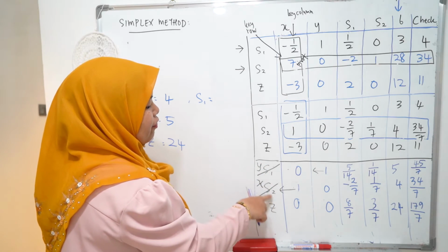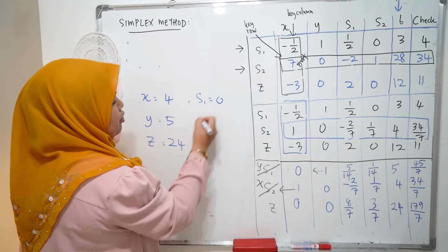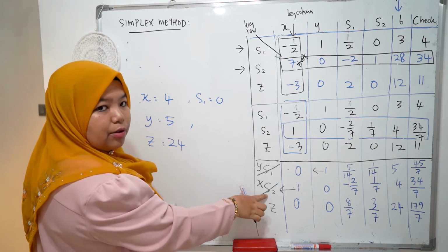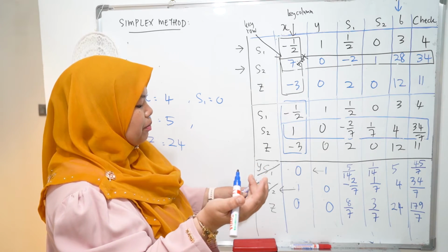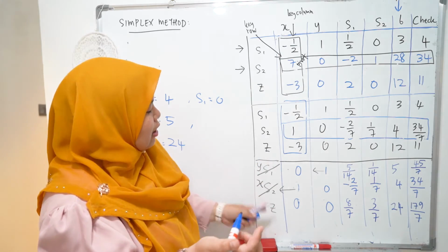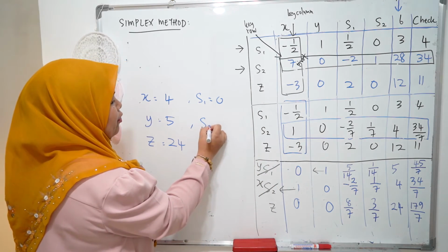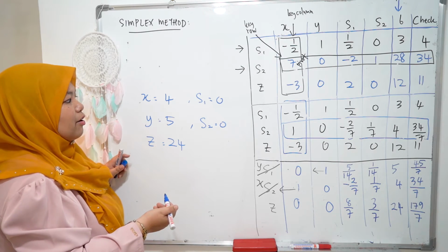So if they have no s1 in this column, s1 equals 0. How about s2? s2 I also replaced with x. So they have no s2 in this column, so s2 equals 0. So this is the conclusion.